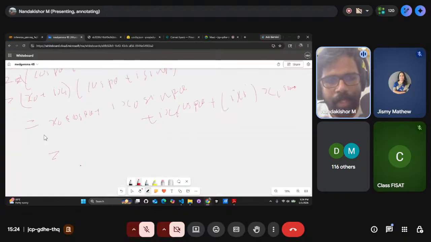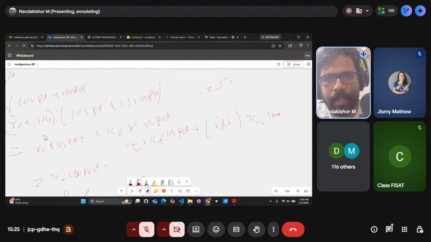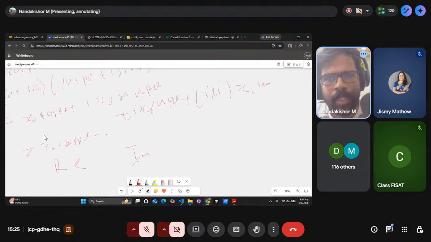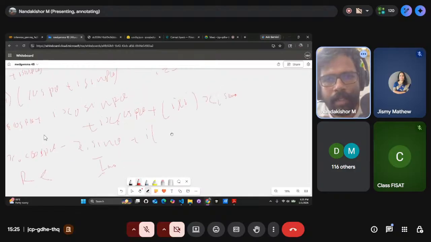So we need to take the real and imaginary parts, right? That means you can take x0 cos p theta minus, since i multiplied by i is root minus 1 squared, that is i squared means minus 1, so x1 sin p theta, plus i times x0 sin p theta plus x1 cos p theta.